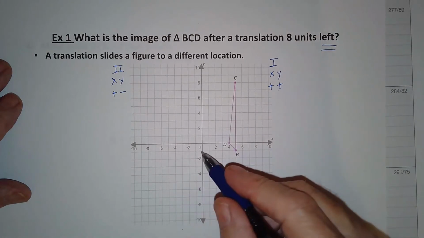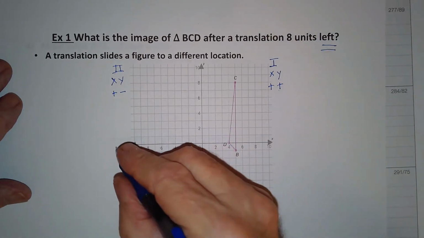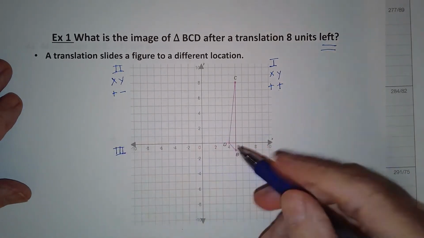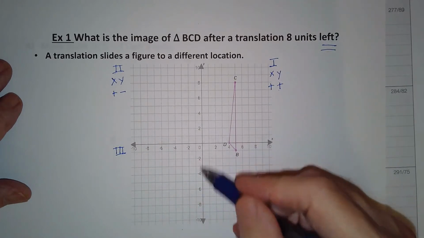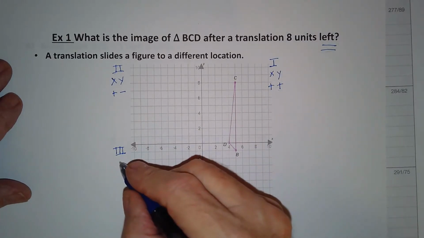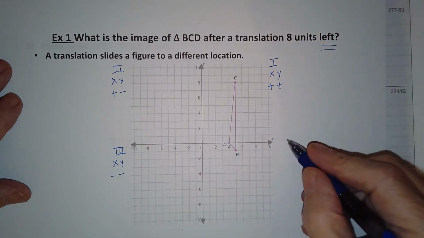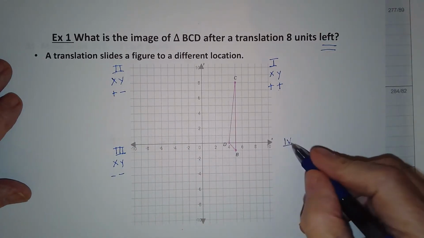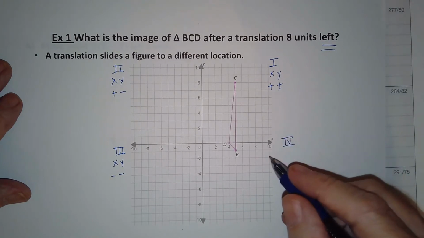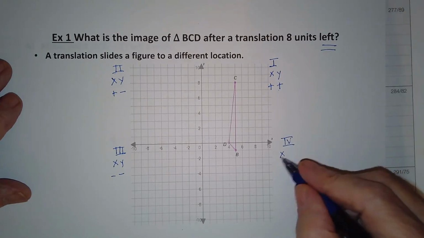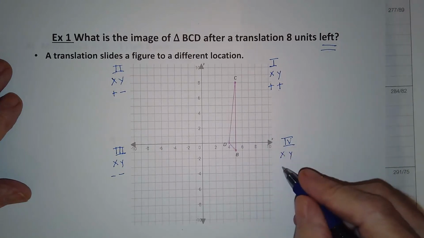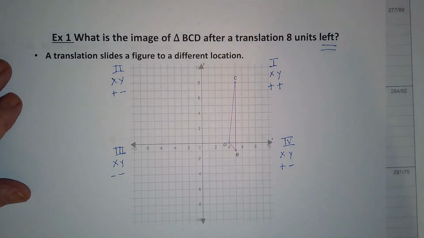Down here in the third quadrant, which is to the left of the y-axis and below the x-axis, x is going to be negative and y is going to be negative. And then over here in quadrant 4, the x coordinate will be positive and the y coordinate will be negative.